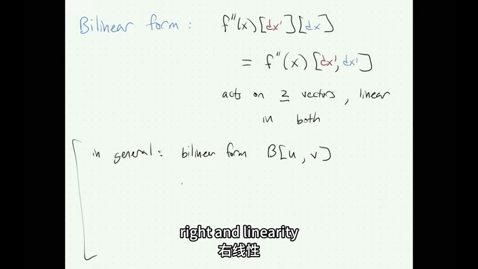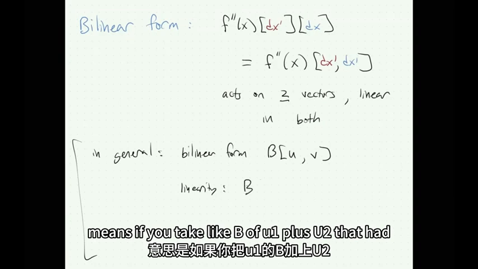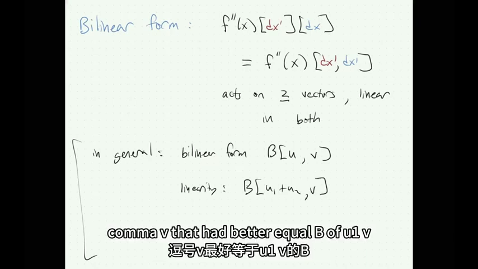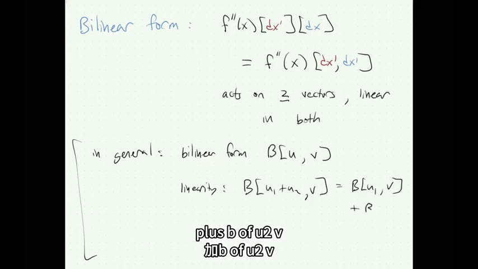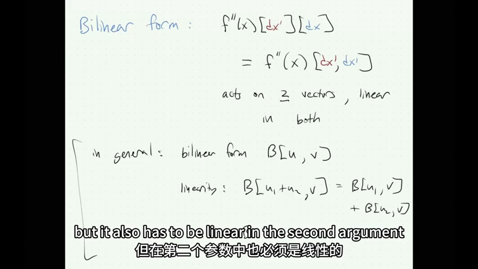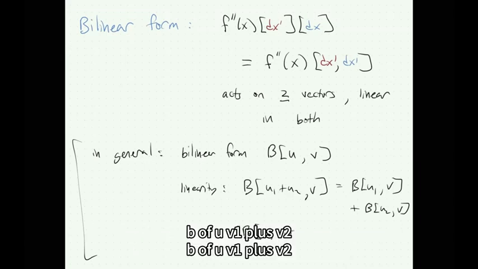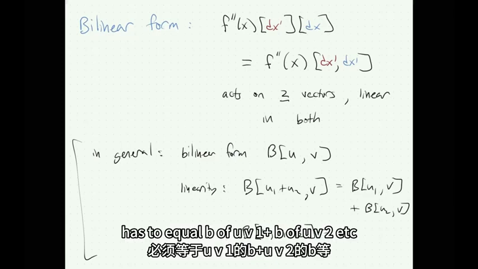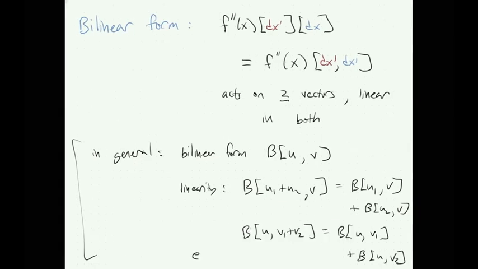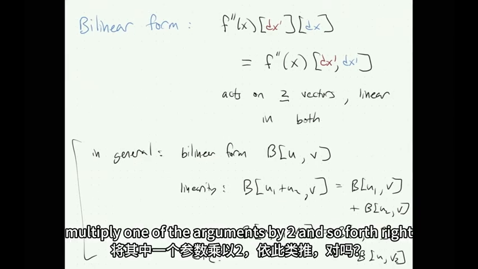Linearity means if you take B of u1 plus u2, comma v, that had better equal B of u1, v plus B of u2, v. But it also has to be linear in the second argument. B of u, v1 plus v2 has to equal B of u, v1 plus B of u, v2, etc. You can also scale, multiply one of the arguments by 2 and so forth.